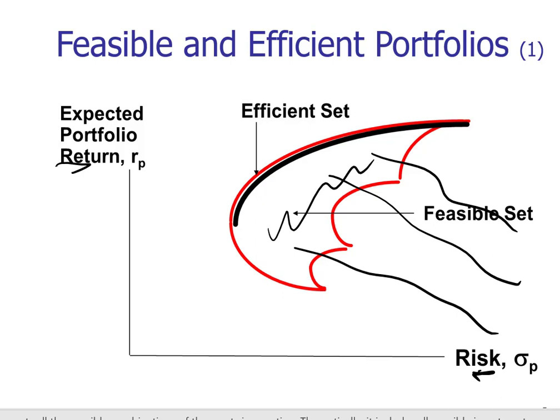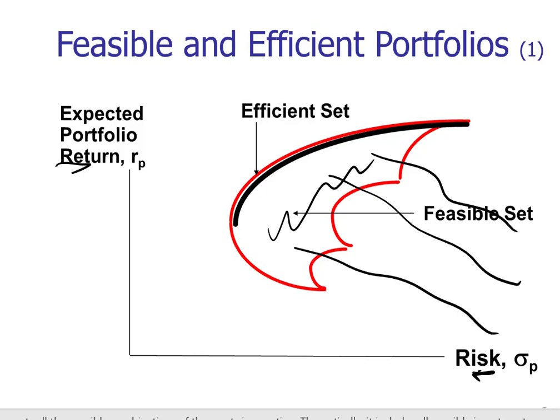Now, theoretically, this set is the entire set of all investments available in the entire world. Obviously, it's very difficult to create that portfolio. Typically, we'll end up using the S&P 500 as our feasible set because it's a known quantity of assets, if you will. The efficient portfolios are that set of portfolios at the very upper red range here.